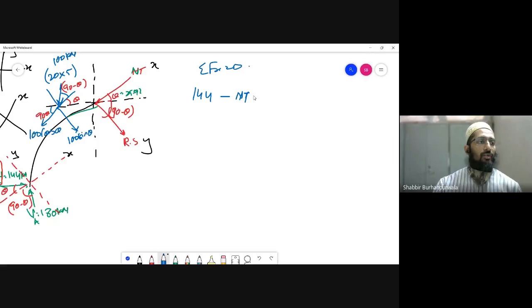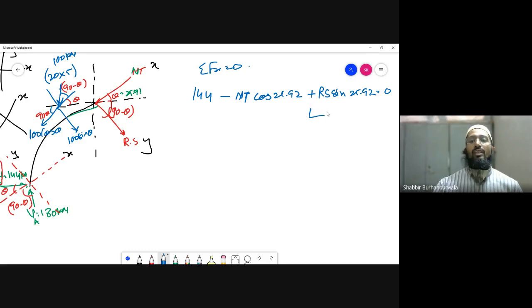NT को आप नॉर्मल थ्रस्ट या कोई भी कोएफिशिएंट आप दे सकते हो, ठीक है. नॉर्मल थ्रस्ट के लिए आप कोई भी डिनोटेशन दे सकते हो, so that you understand what you are actually determining. So cos of 25.92 and then RS का जो हॉरिजॉन्टल कंपोनेंट रहेगा that is going to be 90 minus theta, so it is going to be plus RS sine of 25.92 equals 0.